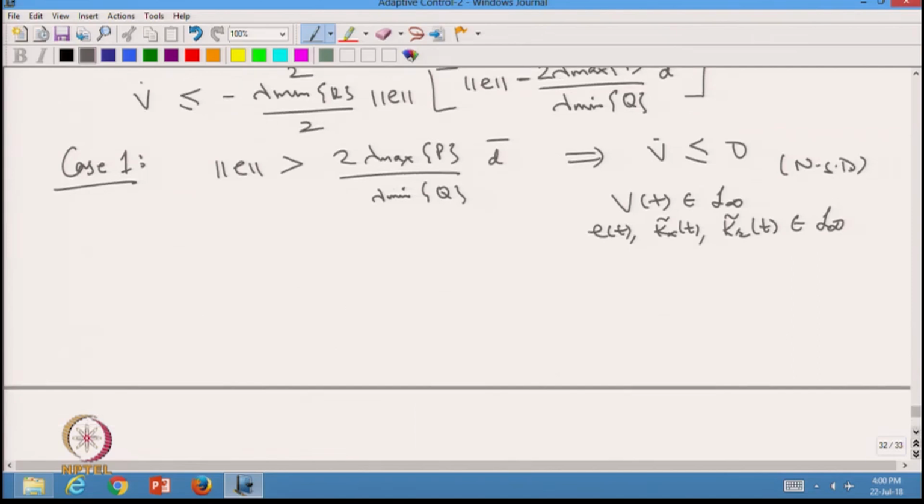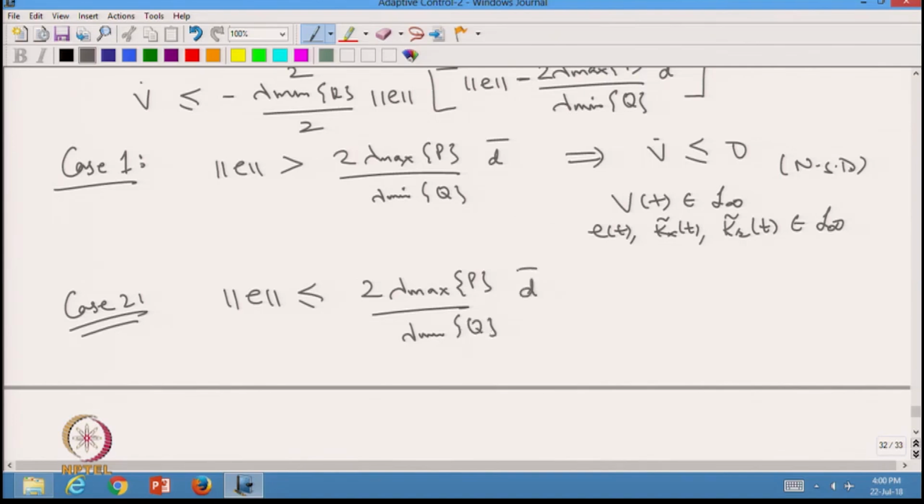but what happens when E is less than or equal to 2 lambda max? In fact, I think we can have the equality here, right.